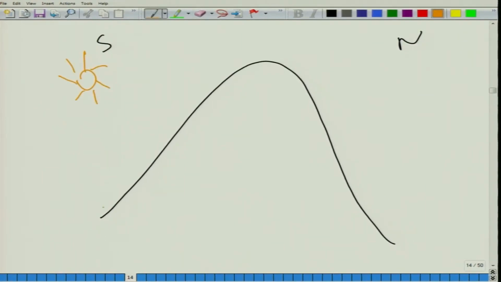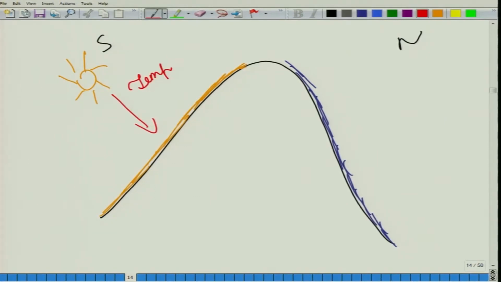So, what it does is that this portion receives the sunlight, whereas the other portion is hidden from sunlight for the most part. How does that matter? Because this side is receiving sunlight, here the temperatures will be higher and the humidity will be lower, whereas on the other side you will have reduced temperatures and higher humidities.